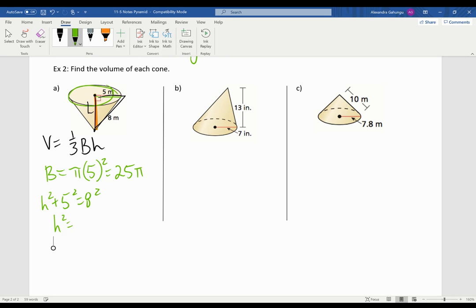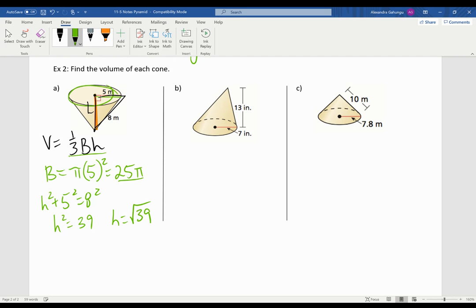And we get h squared is 39. I'm not going to take the square root of it just yet. I'm just going to leave it as the square root of 39, and I'll be able to then use it up here.